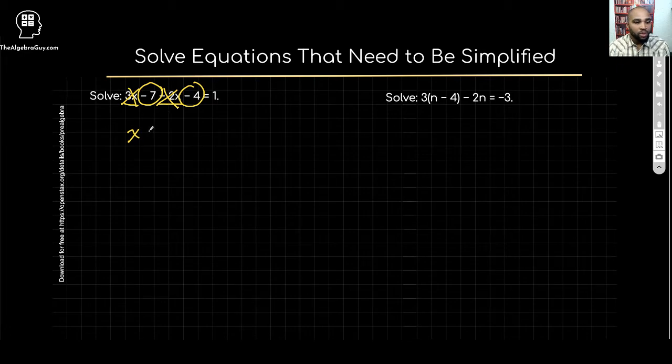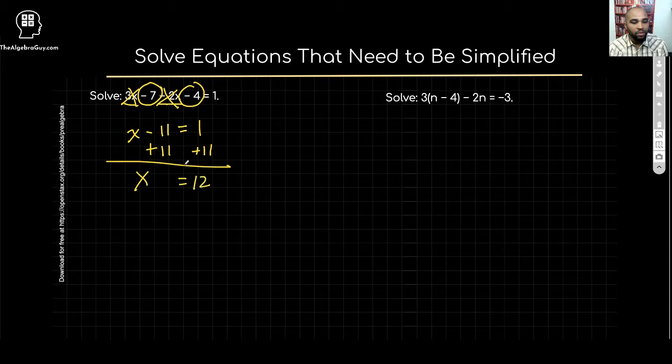That leaves me with x minus 11 equals 1. So all I did was simplify everything on this left side. I still need to get this x by itself, so I'm going to add 11 on both sides. That leaves me x equals 12.